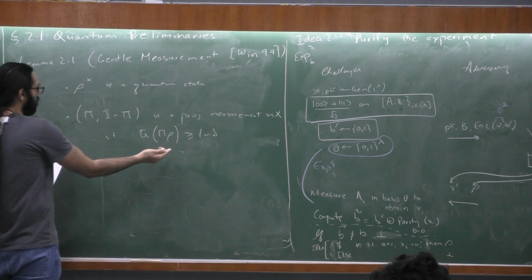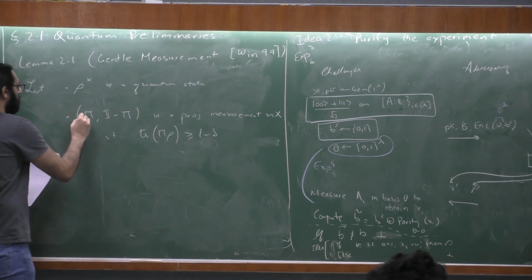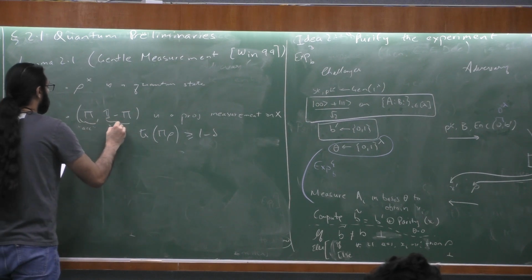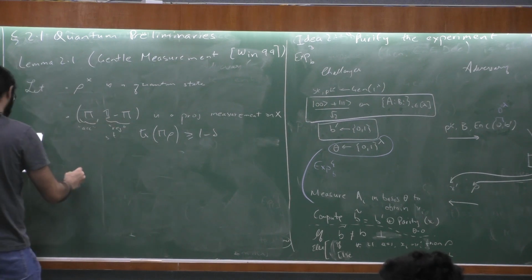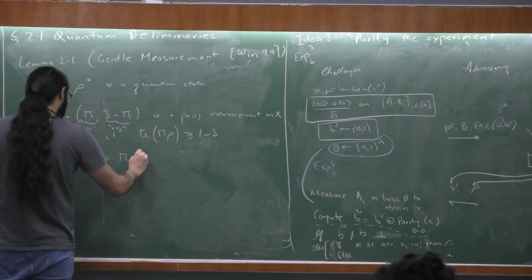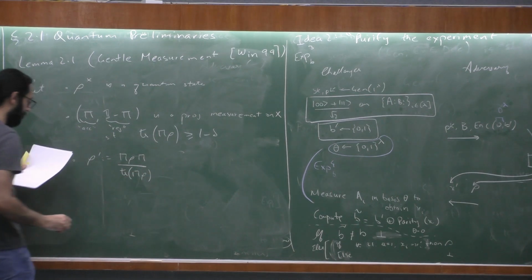So you're very likely, given this rho, to obtain the answer. Let's call this accept, and let's call this reject. You define rho prime to be pi rho pi, the post-measurement state.